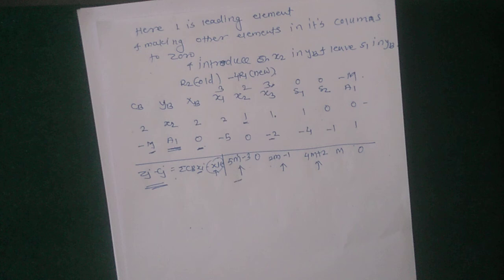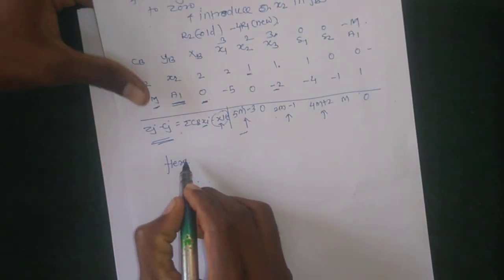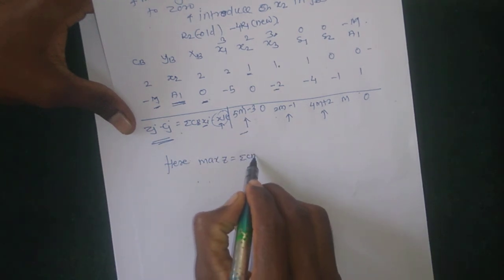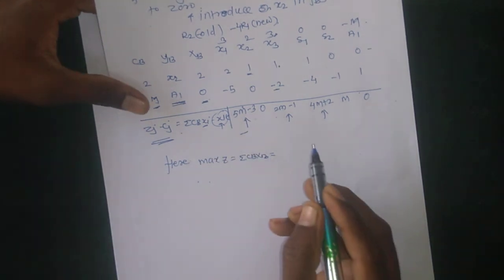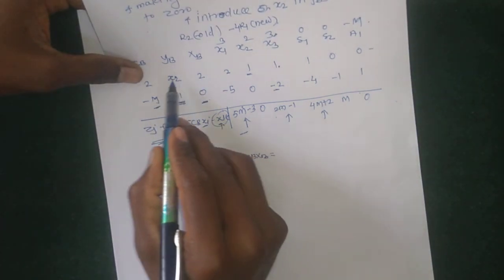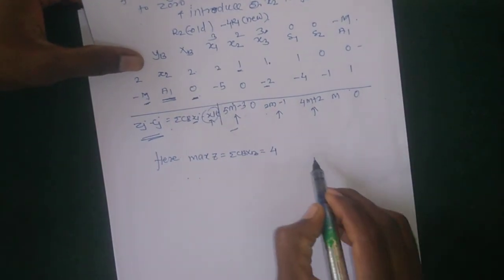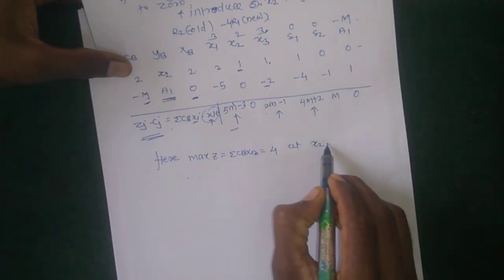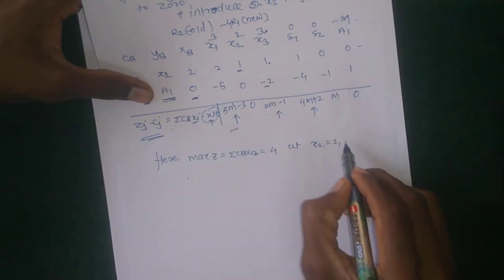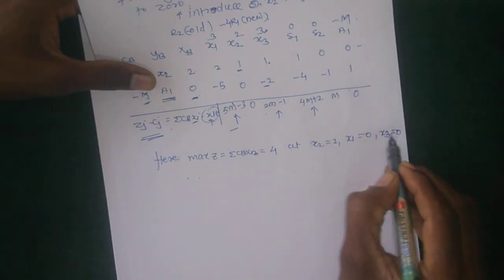So here maximum Z means the summation of CB xB, which is 2 into 2, 4. At what value? At x2 equal to 2, and x1 and x3 are not in the basis, therefore their values are 0, and a1 also has value 0.